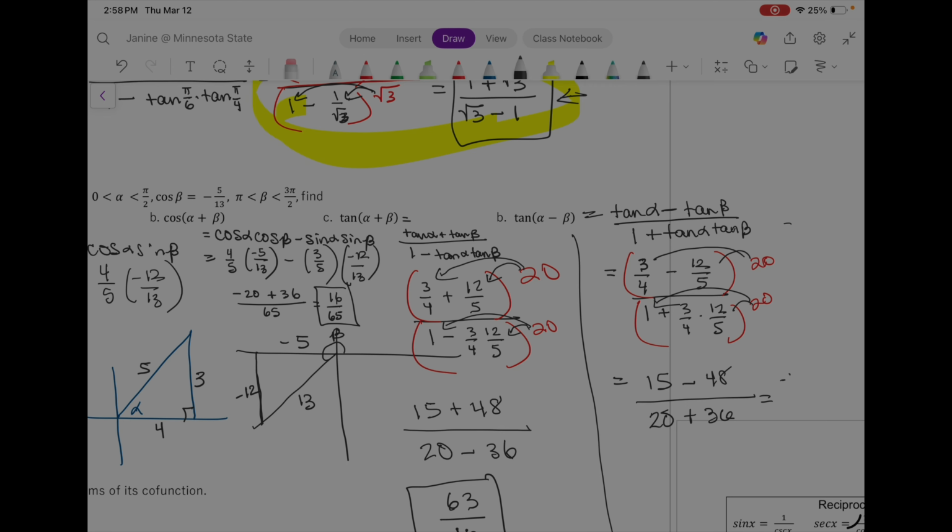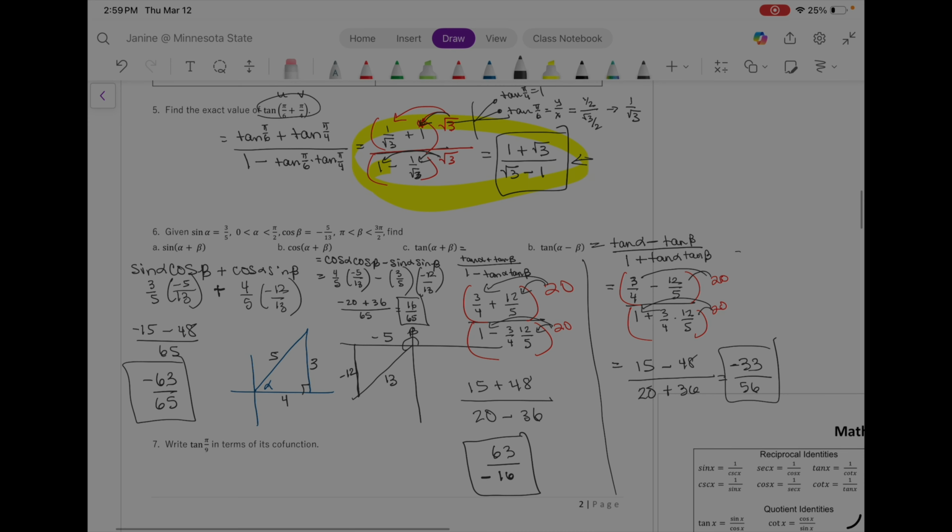Negative 33 on the top and a 56 on the bottom. Woof. All right. Point is, we don't have to have the angles exactly. We just have to be able to draw them to execute those types of problems.